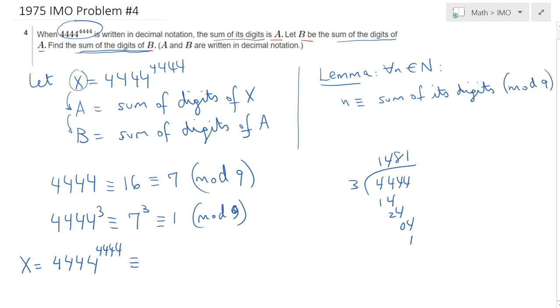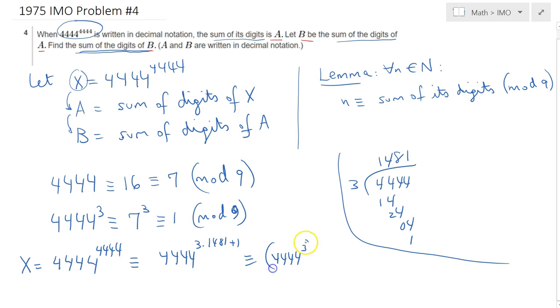So that's simply congruent to 4,444 raised to 3 times 1481 plus 1. But that's simply, we can just do it like this, if you will, and then split the one of those numbers.